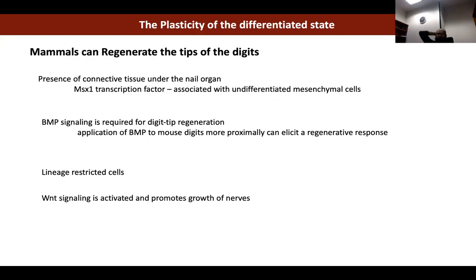Now the bigger question is why mammals cannot regenerate the limbs or cannot regenerate anything apart from the tips of their digits. So there are several molecular reasons. I don't know what the more philosophical reason for that is.